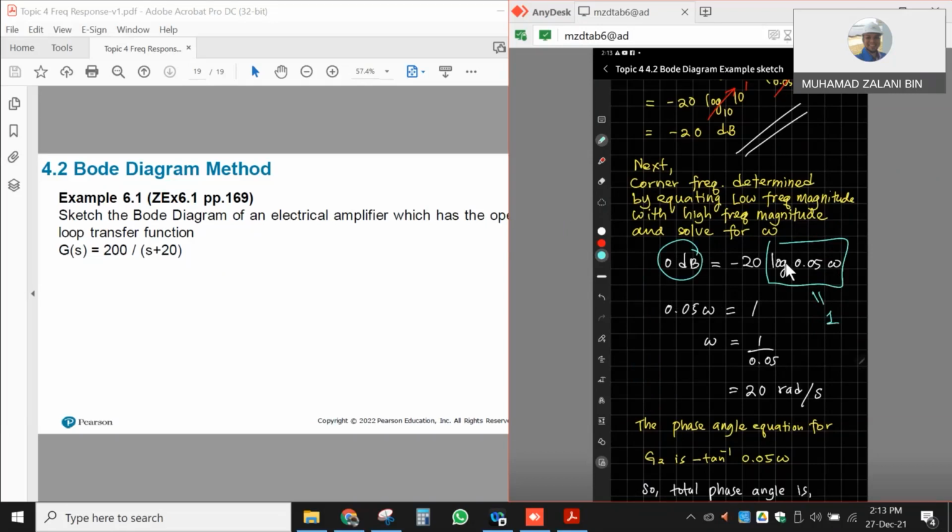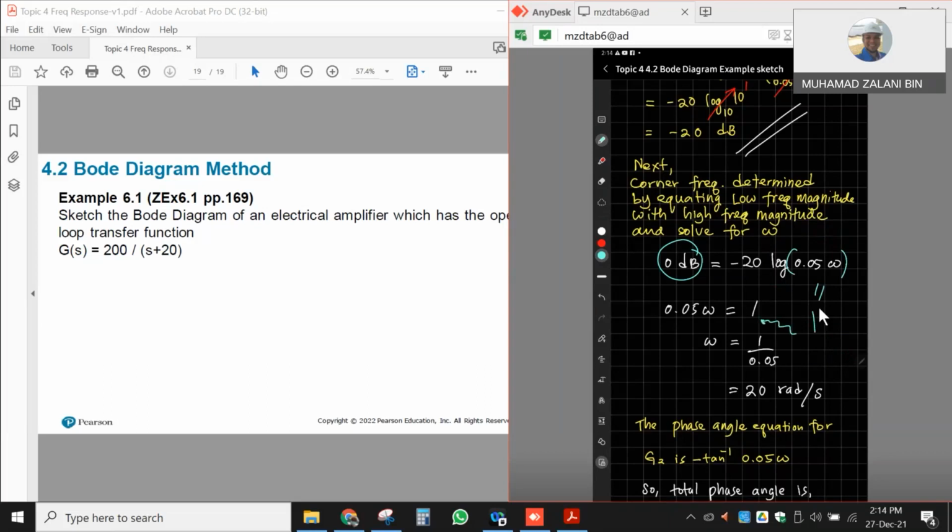Okay. So this part becomes log 10 of 1, and 1 is 10 to the power of 0. So log 1 means this part becomes 1.